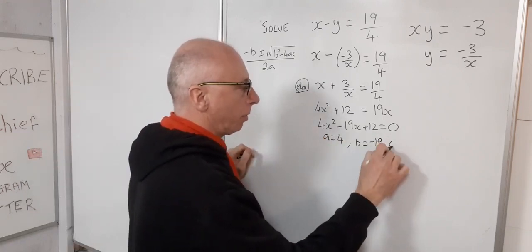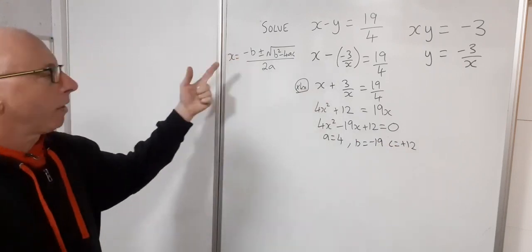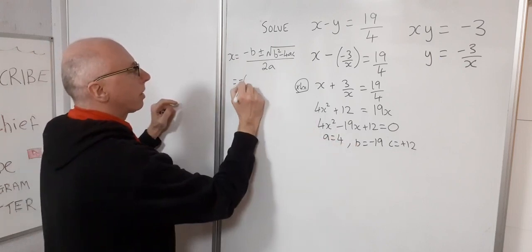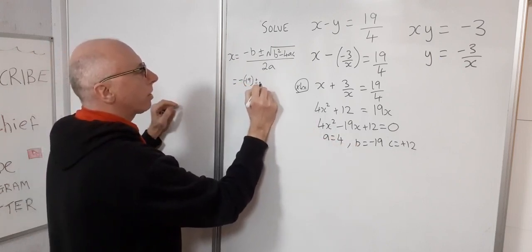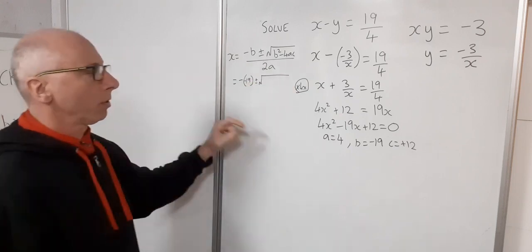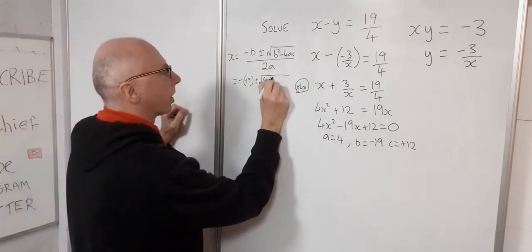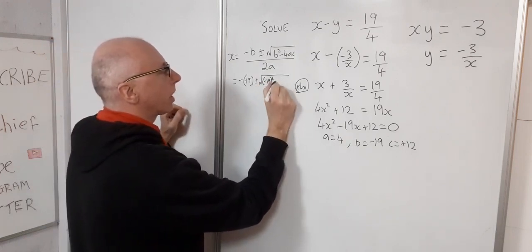And c will be plus 12. So all we're going to do now is plug them into here, get my values. So now I've got minus 19, plus or minus, so therefore I'm going to get two results. Minus 19 squared, and then minus 4 times a times c.